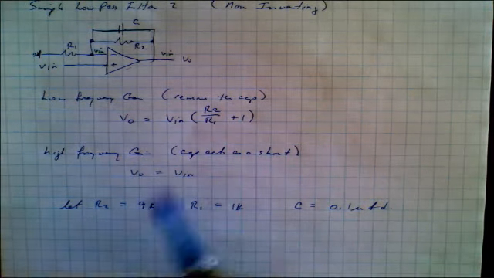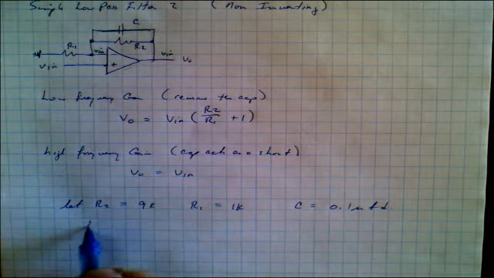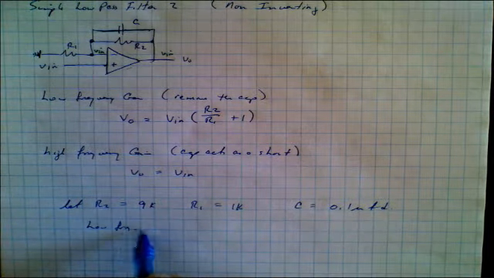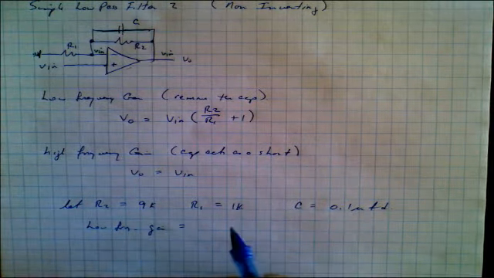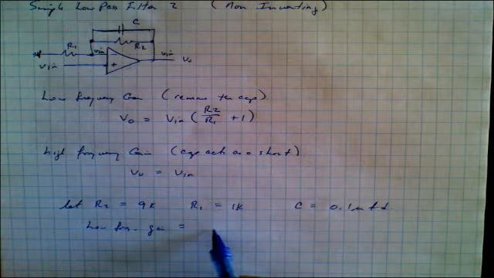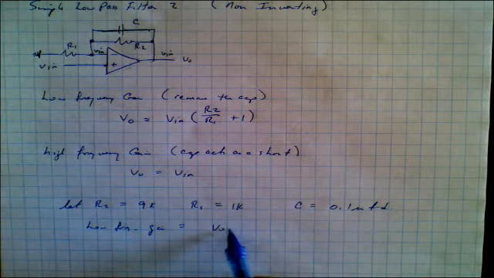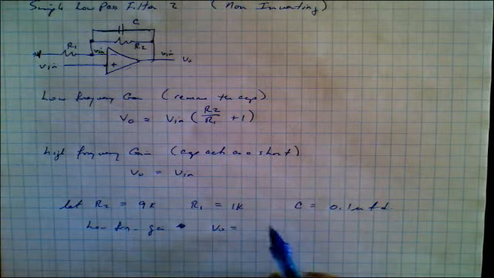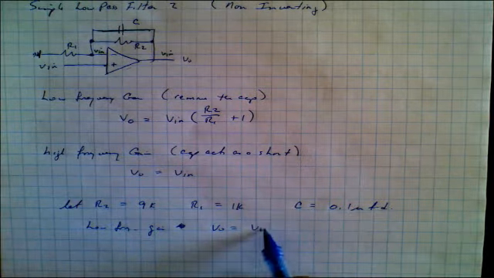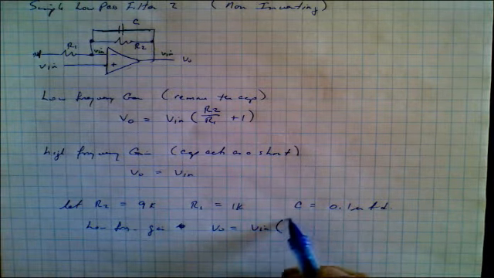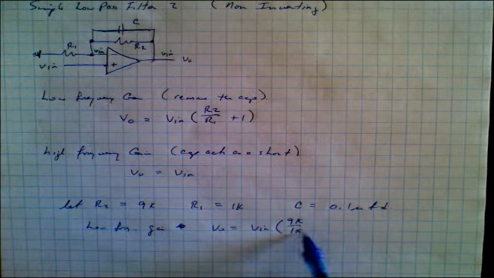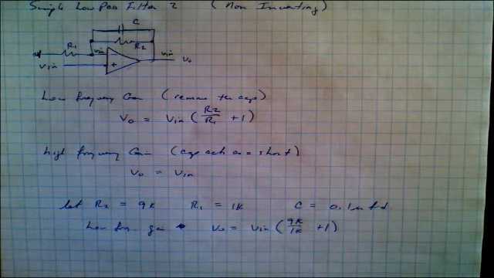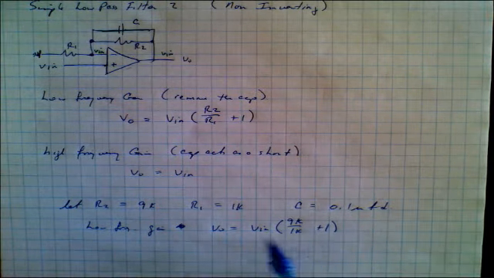So now let's take a look at the low frequency gain. VO is equal to Vn times 9K over 1K plus 1. And you can see right off the bat, this is 10.